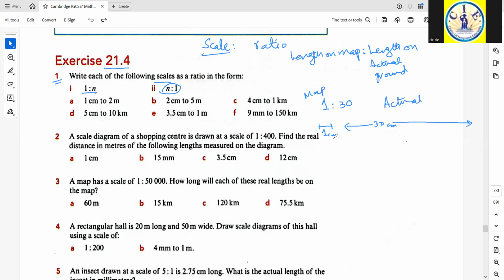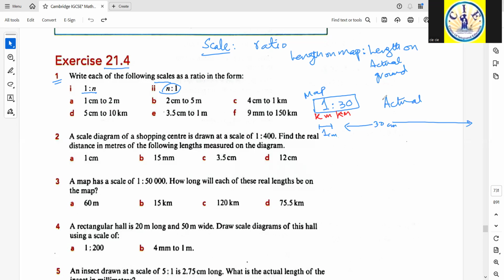One thing I need to mention here, in the case of scales, the units are similar. If this length is in centimeters, this would be in centimeters. If this length is given in meters, then this would also be in meters. If this is in kilometers, it is going to be in kilometers and so on.